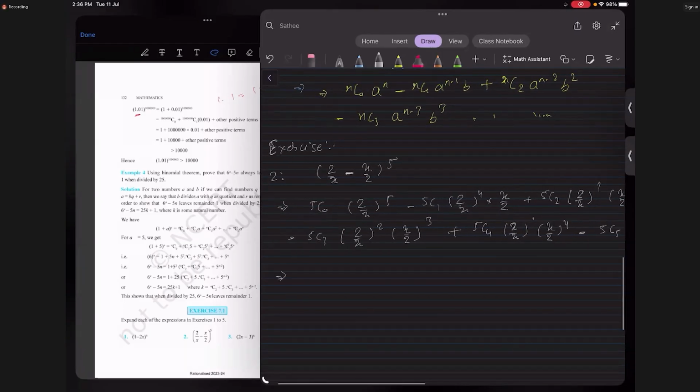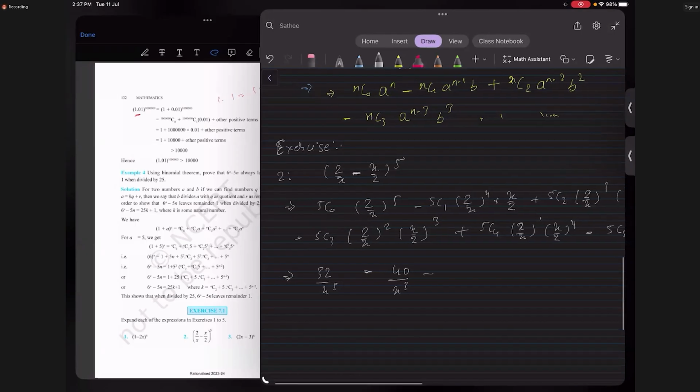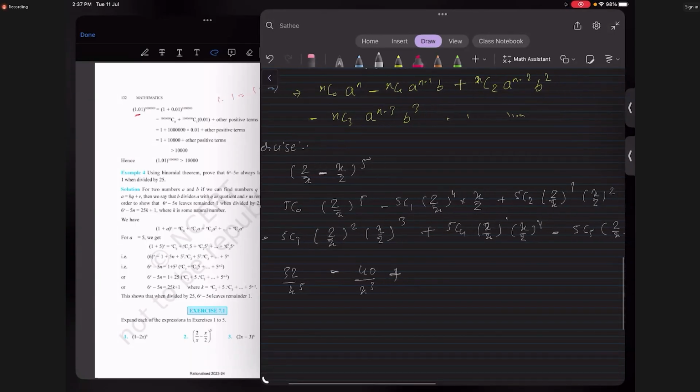So if we quickly expand these terms, 5C0 is 1, so this would be 32 by x to the power 5, minus 5C1 is 5, so this 5 into 16 by 2, okay, so this would be 40, 1 by x to the power 4 into x, so this would be x cube. 5C2 is 10 and this 8 by 4, okay, so this would be 20, 1 by x cube into x square, so this would be x.